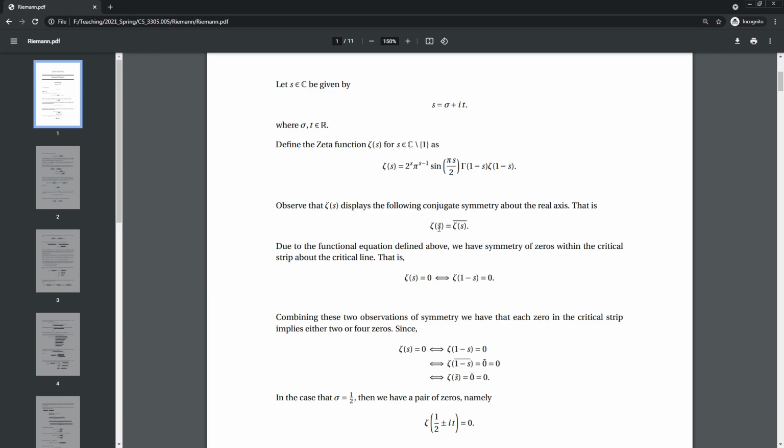What that means is that if you flip the sign of the imaginary part on the input, right, so that you go from s equals sigma plus it to s conjugate, the one with the bar above it, we call that the conjugate. So s conjugate is equal to sigma minus it. That's the relationship between a variable and its conjugate partner.